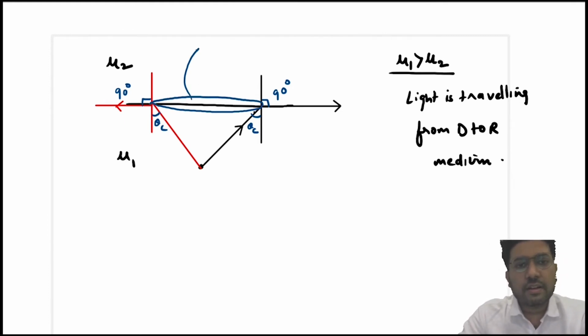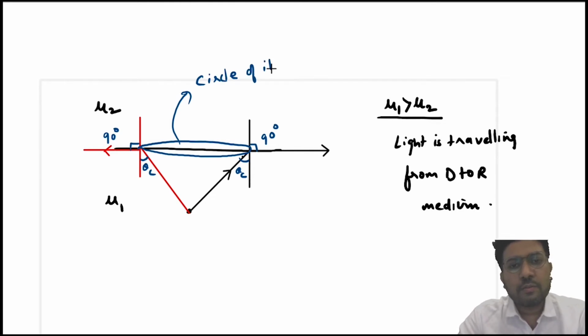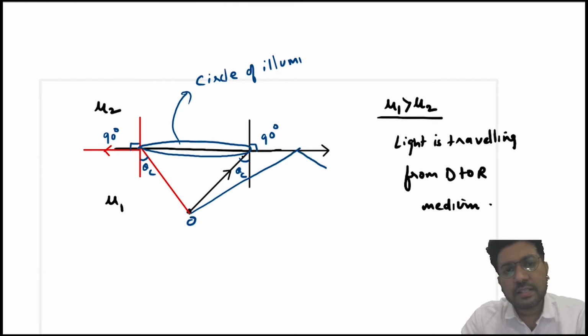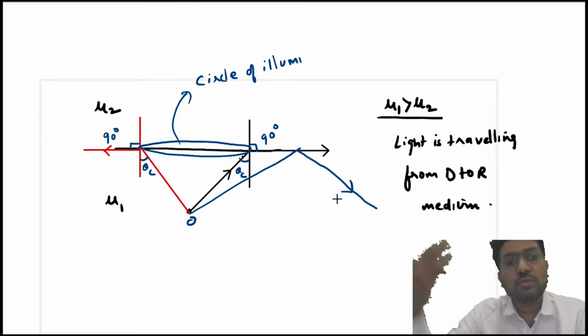This circular region is called the circle of illuminance. Why? Because light from this object can come out of the interface only from this region. After this region, what is going to happen? After this region, the light, instead of getting refracted, will start to reflect. That means light will not go to the other medium.